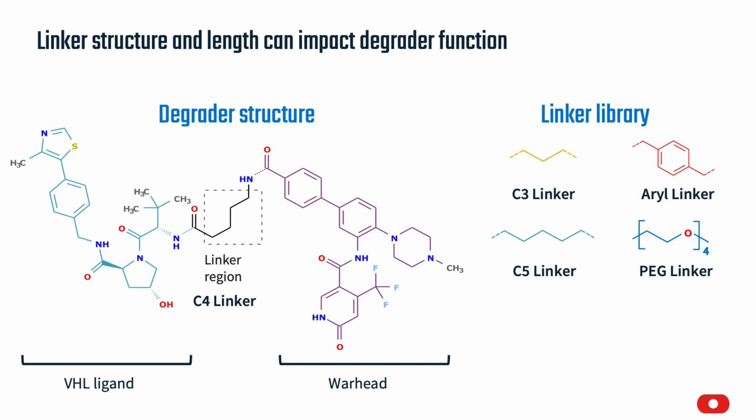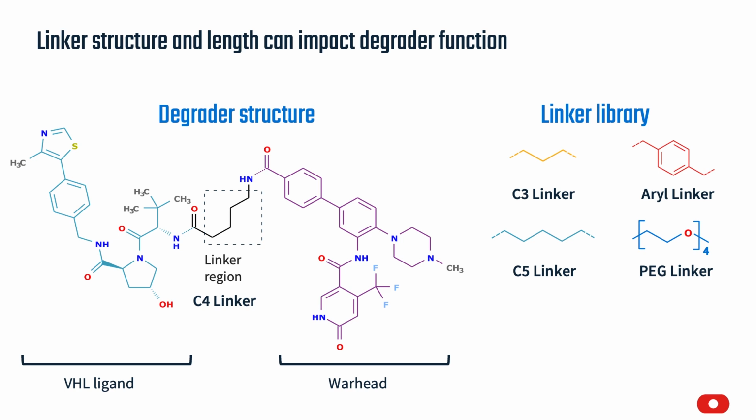Let's take a close look at the degrader structure that is going to be relevant for today's study. Our degrader can be viewed in three separate parts. First, to the left, we have the VHL ligand, which will bind our ligase. To the right, we have the warhead that will bind to our target of interest, WDR5.